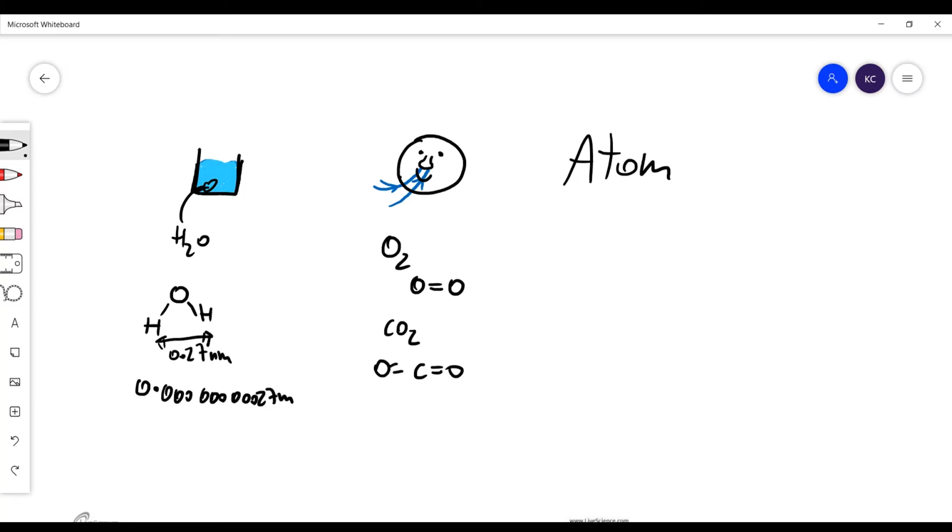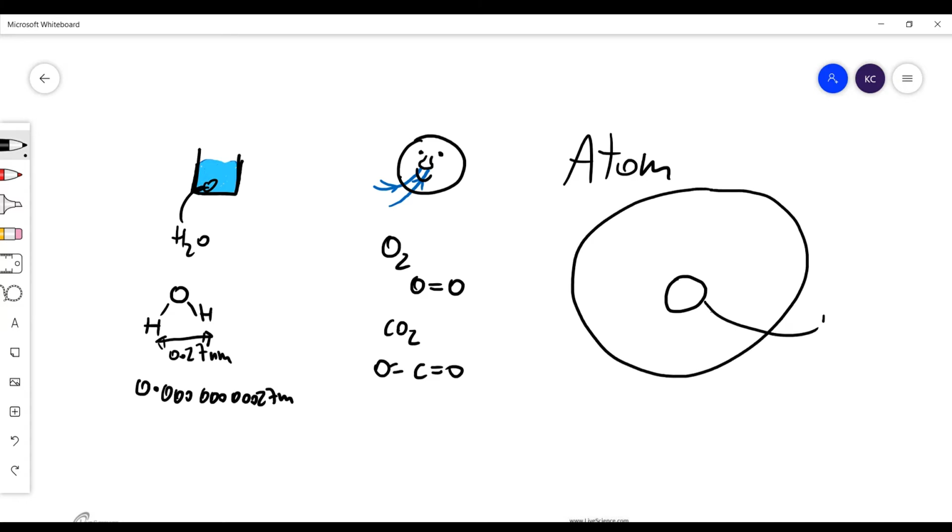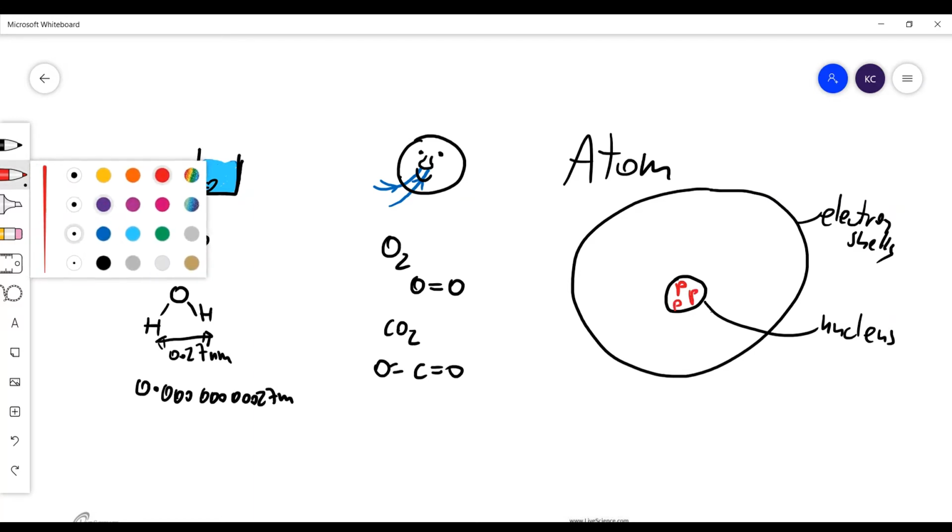Each atom is made out of a nucleus and an electron shell. In the nucleus there are protons and neutrons.